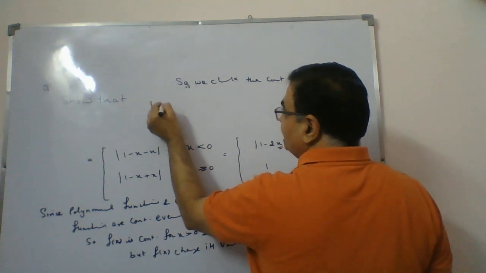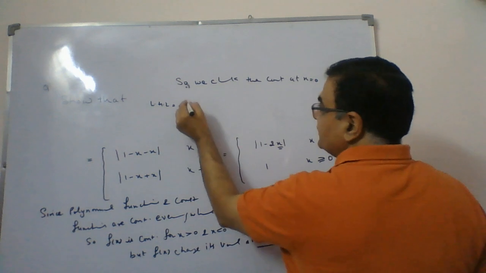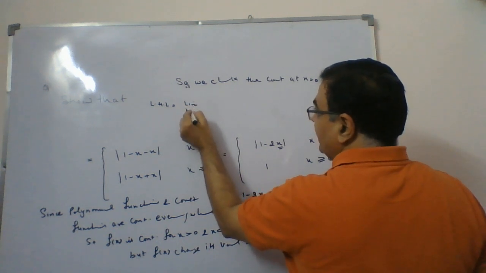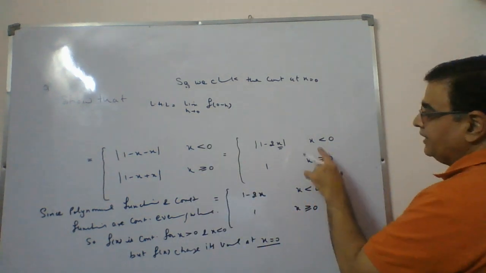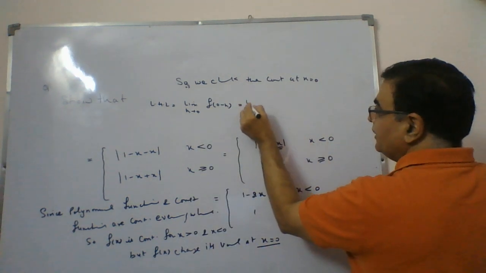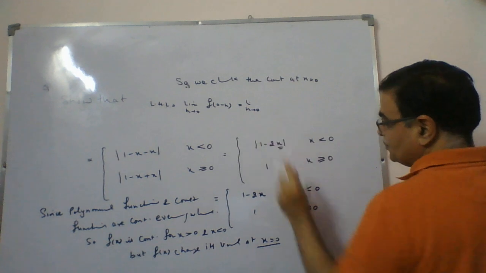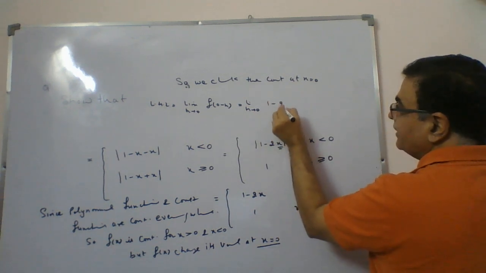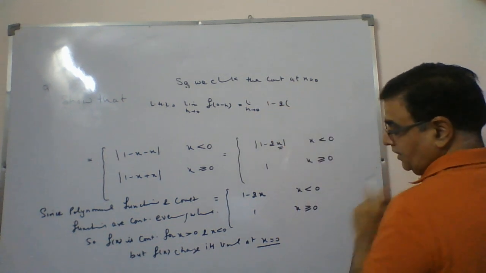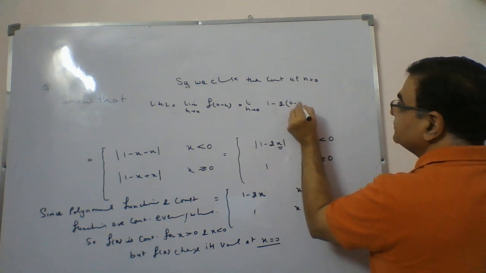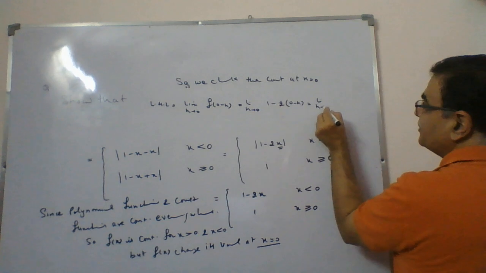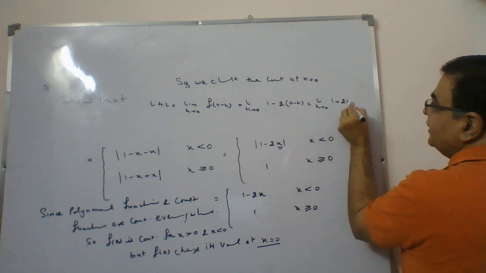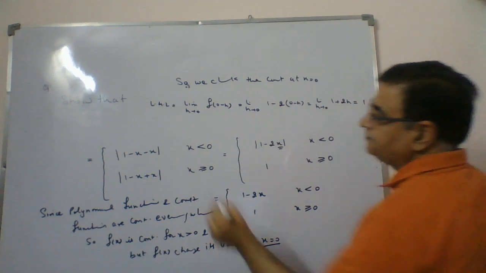Then the simple left hand limit: limit h approaches 0, f(0 - h), that is for less than 0, so it will come out to be limit h approaches 0 of 1 - 2 times (0 - h). Then when you solve it, it will come limit h approaches 0 of 1 + 2h, which is 1.